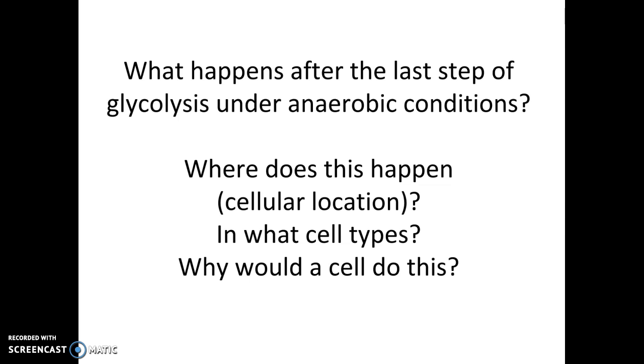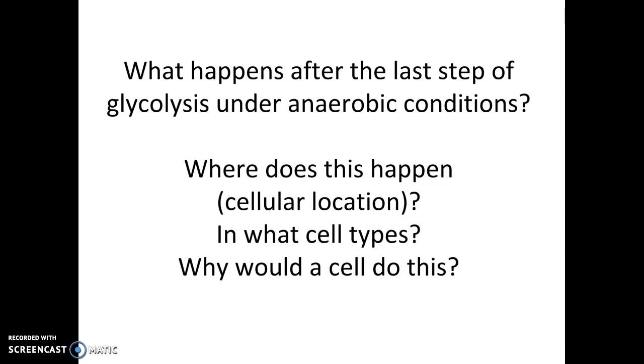Once you have that NADH, you don't have that NAD anymore. And so glycolysis won't be able to continue until you can get that NAD back. So how are we going to oxidize the NADH to get the NAD back so it can be the oxidizing agent?